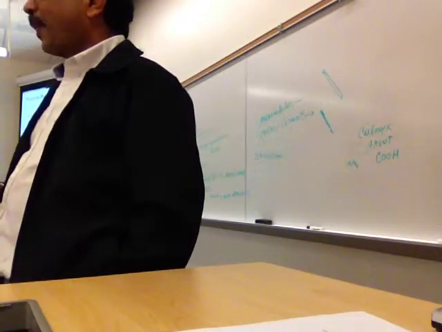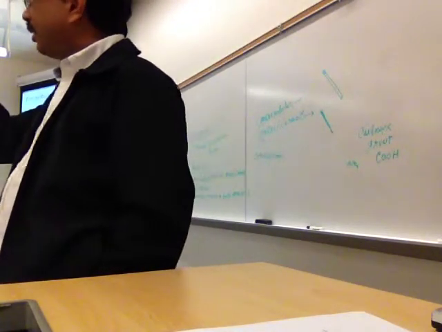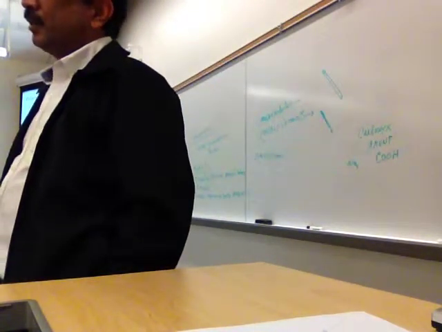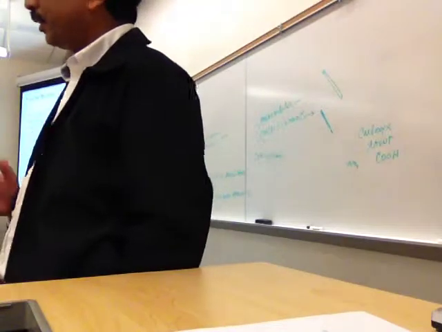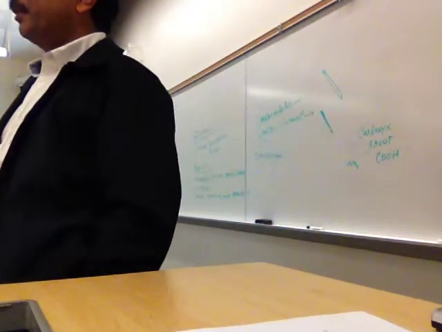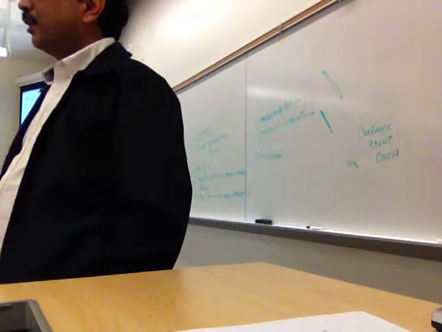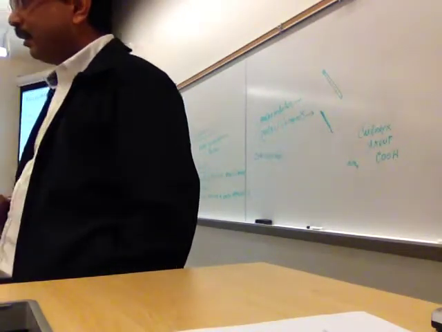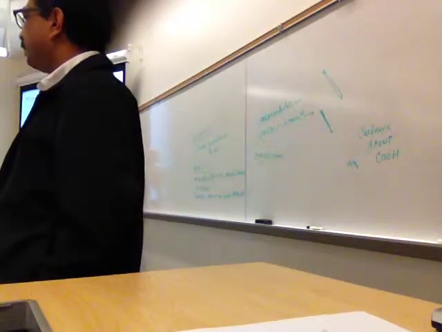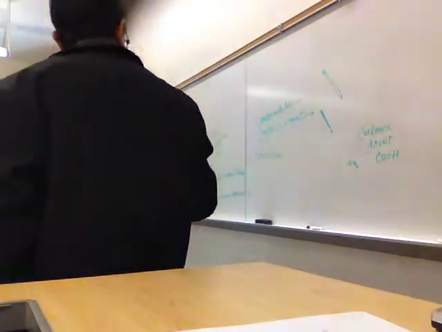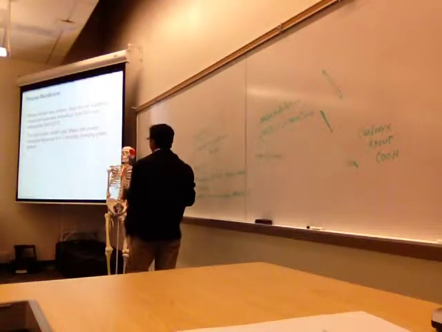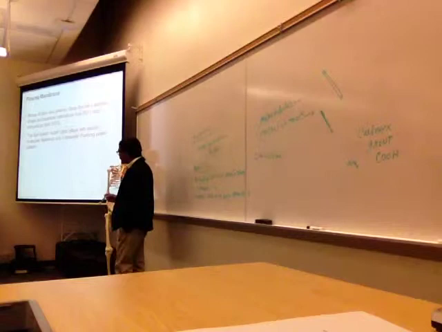Number three, separates inside the cell from the outside. So those are three important functions. Boundary of the cell is formed by plasma membrane, giving the shape of the cell, and number three, separating inside the cell from the outside. That is a very important function. Intracellular from extracellular fluid.